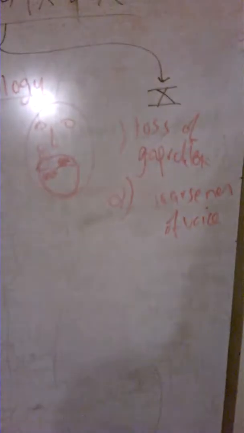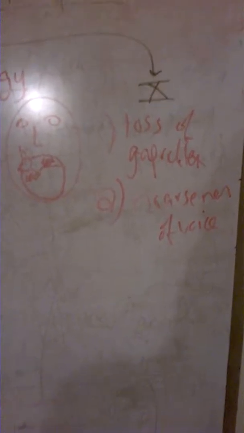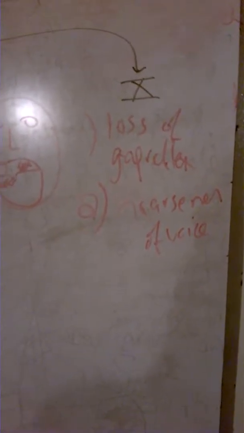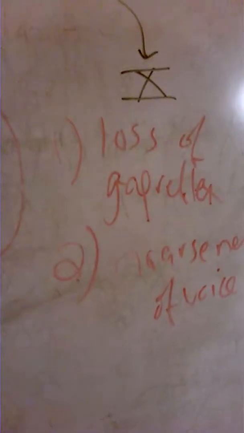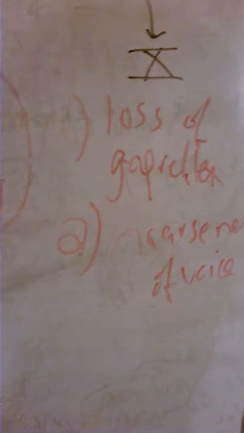Okay, so these are the basic pathologies which can involve the ninth and the 10th nerves. What else? Is there going to be anything else if you have ninth and 10th nerve losses? You'll have a loss of gag reflex, and you'll have hoarseness of voice, basically. By the way, do you know any surgeries which can actually damage the 10th nerve?